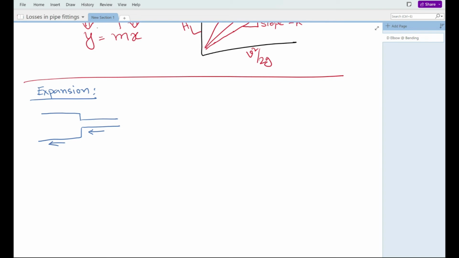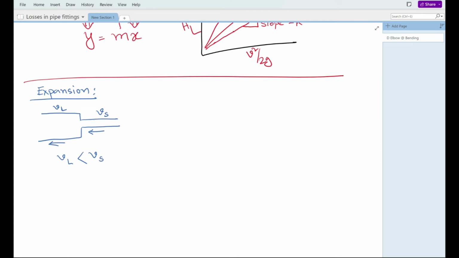So the height after the exit was higher than the inlet, right? So this should be negative delta H plus, don't put negative because you already have a negative value here. Vs is the velocity in the smaller pipe and VL the velocity in the larger pipe. So this is for expansion.